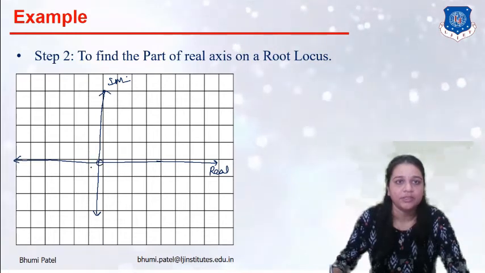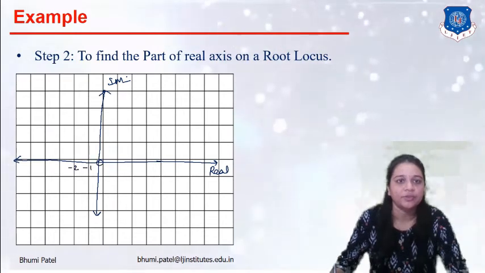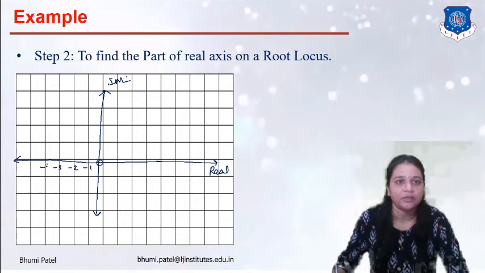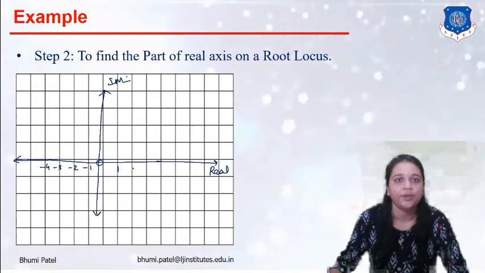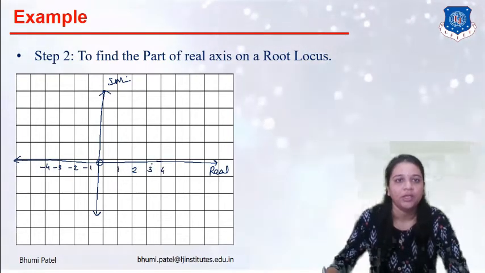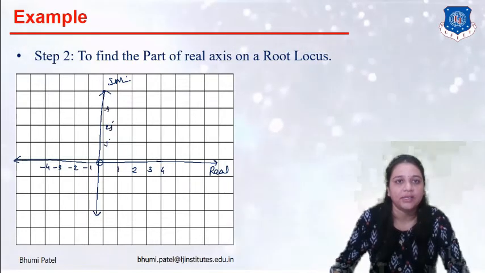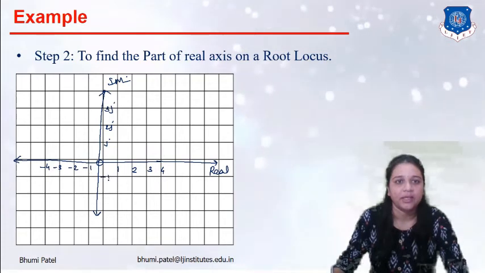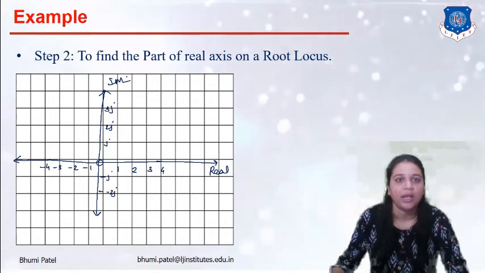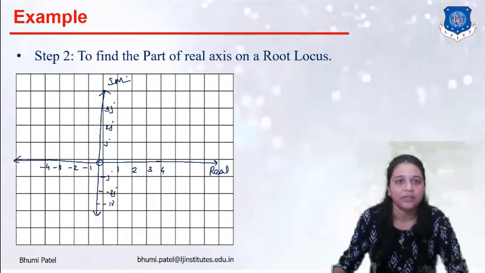Starting from 0, this is minus 1, minus 2, minus 3, minus 4, and here 1, 2, 3, 4. Here plus j, 2j and 3j, and here minus j, minus 2j and minus 3j.